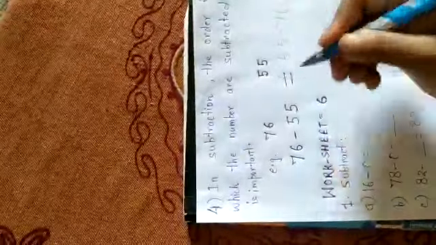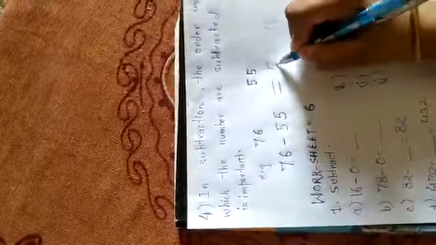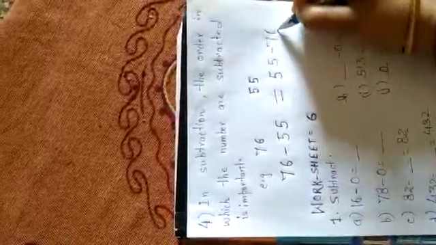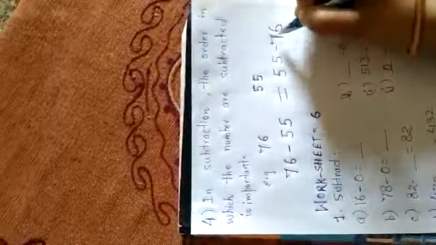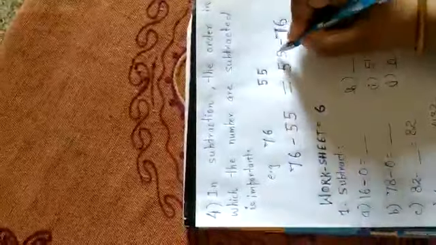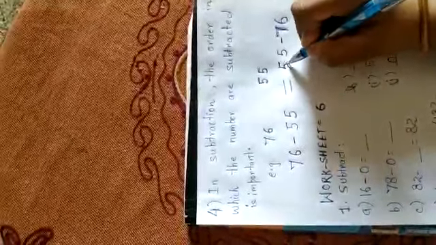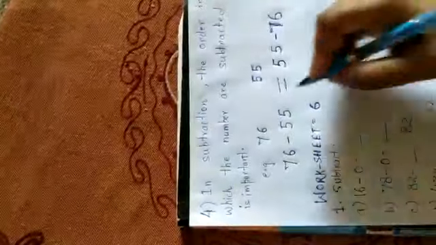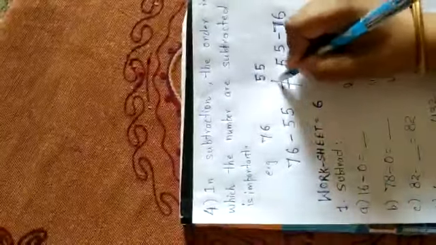But if we change the order of these numbers, 55 is subtracted from 76, in another way, 76 is subtracted from 55. Are the results the same in both cases? No. The results are not equal.